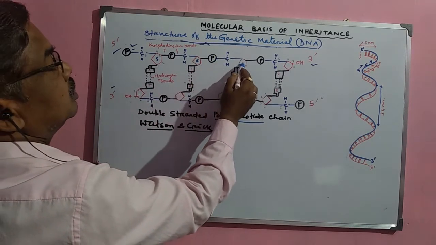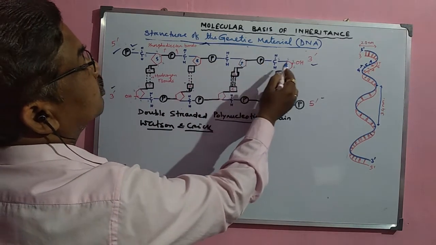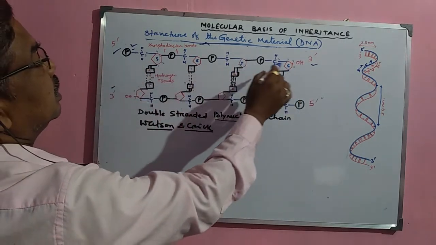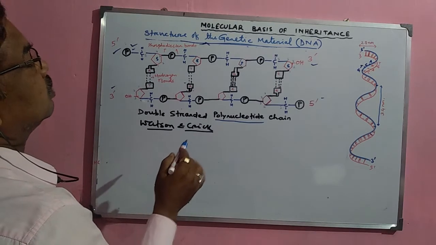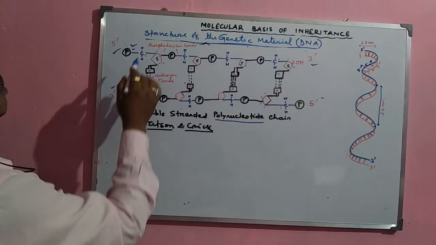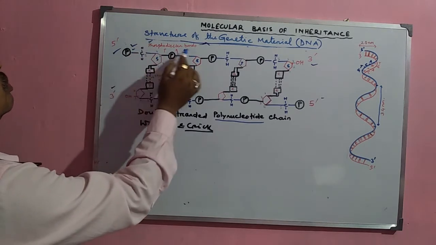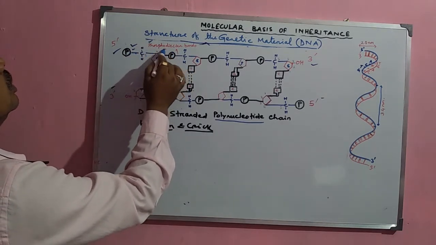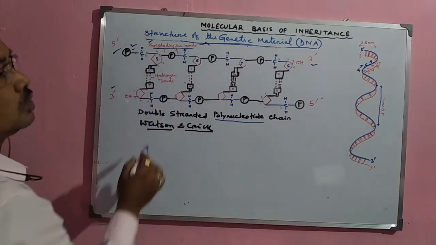This is a straight chain having sugar, phosphate, sugar, phosphate, sugar, phosphate. In this way they attach with one another with the phosphodiester bond. The bonds which connect the phosphorus with the sugar are called phosphodiester bonds.